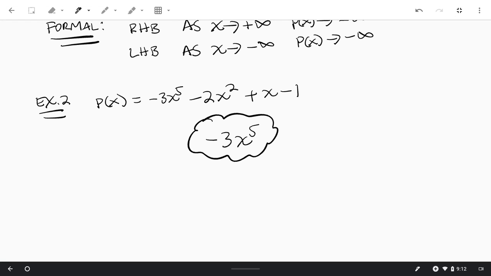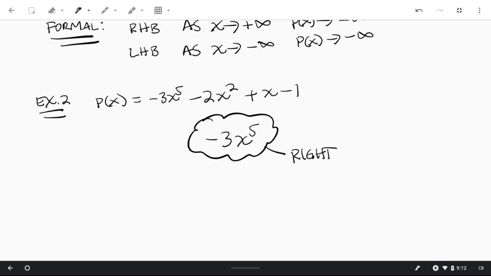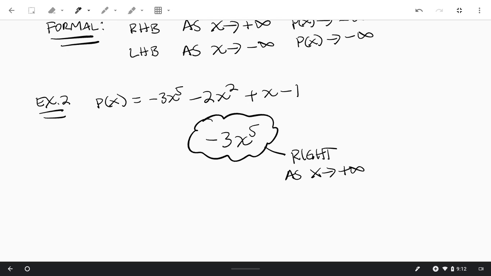As x goes towards positive, it becomes more and more positive. So when I plug in a very positive number into negative 3x to the fifth, what kind of result do I get?